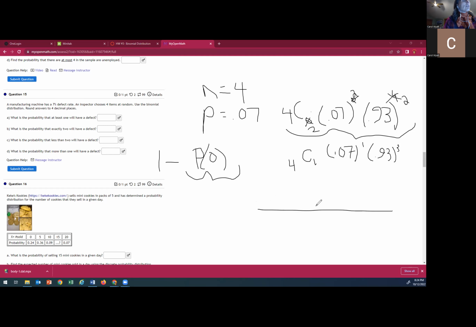Or you could acknowledge that if you have 0, 1, 2, 3, and 4, and in part C, you got less than 2, and in part D it's more than 1, which is 2 or more, then these two things add up to 1. So if I calculate this in part C, if I go 1 minus part C, it would give me letter D.